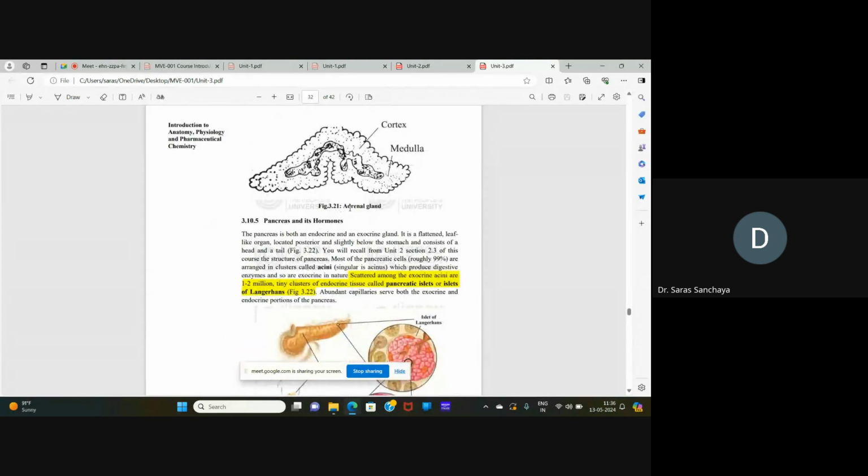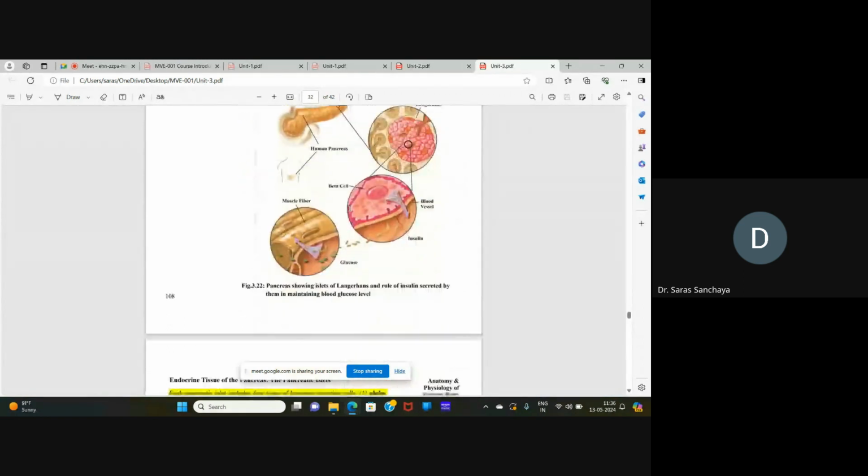The pancreas. Now, in the pancreas, scattered among the exocrine acini are 1 to 2 million tiny clusters of endocrine tissue called pancreatic islets or islets of Langerhans.